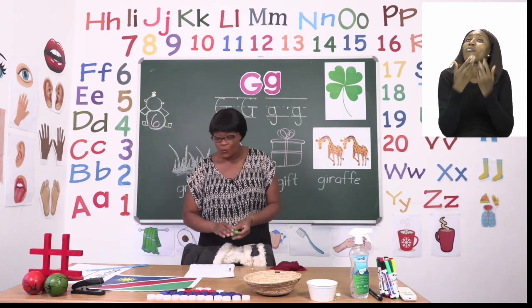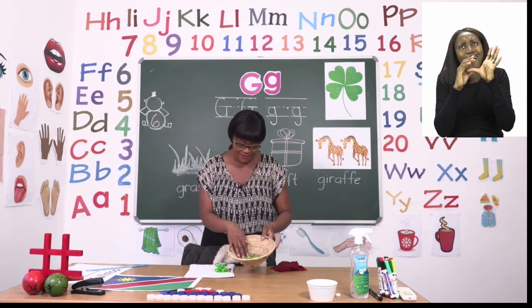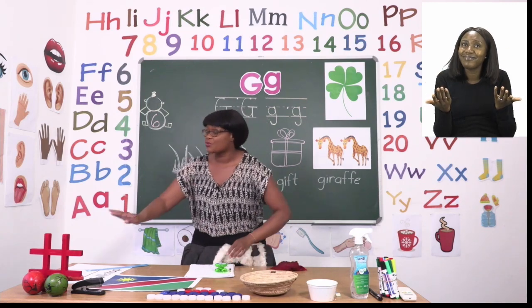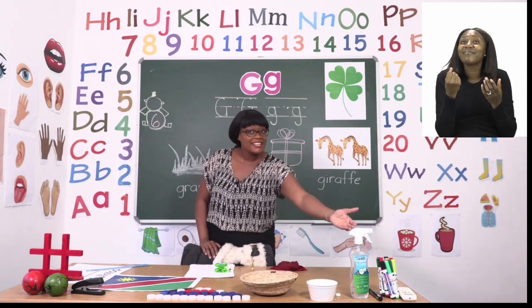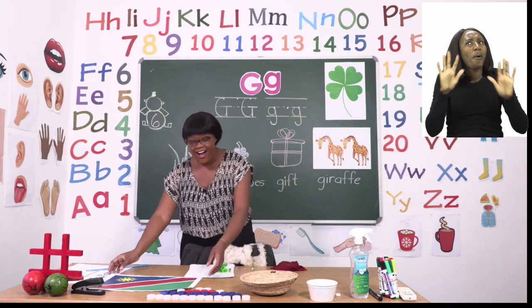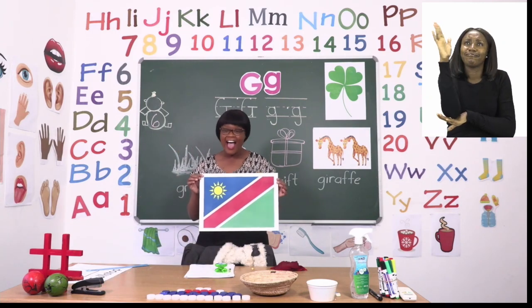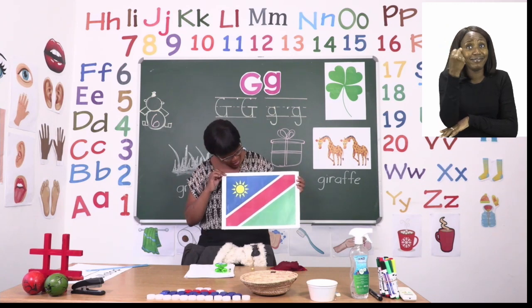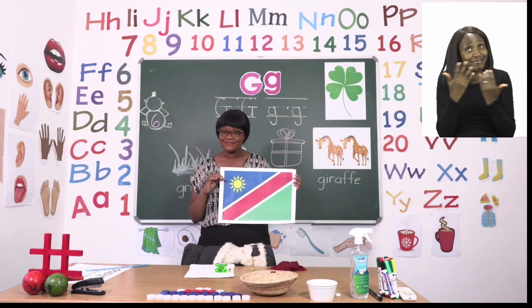And then we have some leaves that are green. We have a green shaker just by our hashtag. We have green colors. And last but definitely not least, our flag has green on it as well. You can see that it is part of our colors.